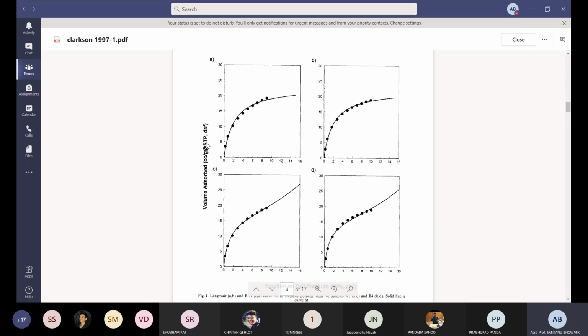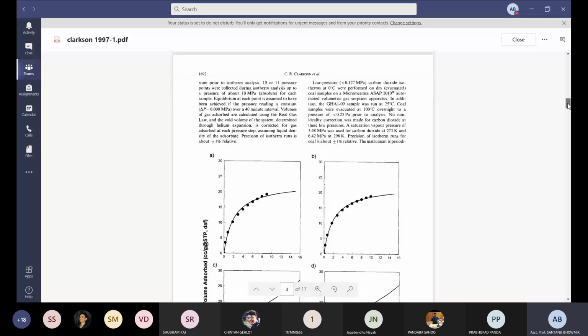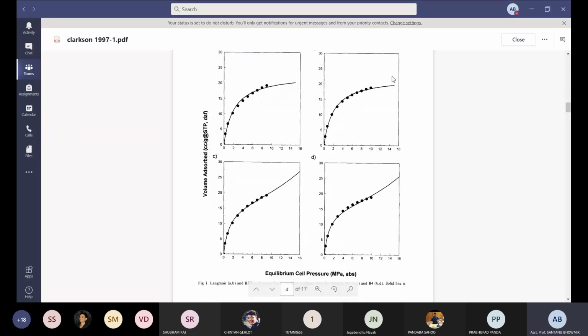I have also mentioned 15.5 degree centigrade, which is 288.5 Kelvin, and obviously the atmospheric pressure, and these are expressed on a DAF basis. So remember the concept. Earlier they showed the sample information on the mineral matter free basis. This is mineral matter free basis, and then they are showing the results on the DAF basis. And these are the comparison.